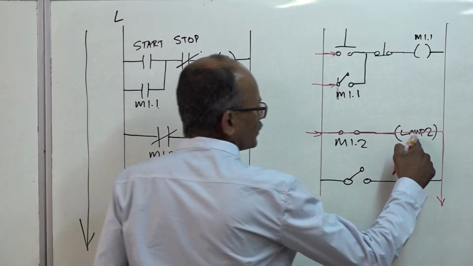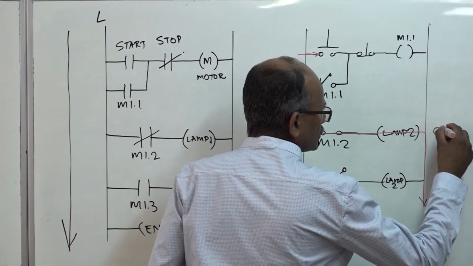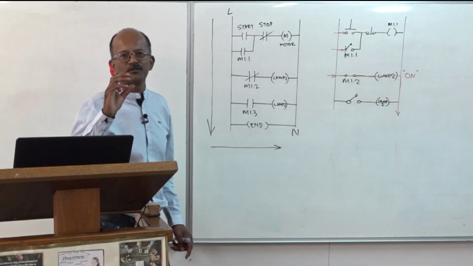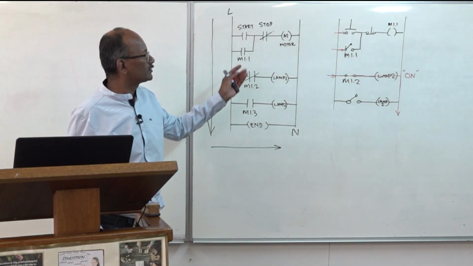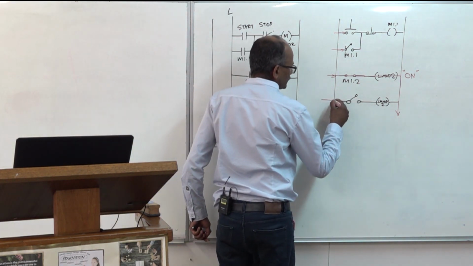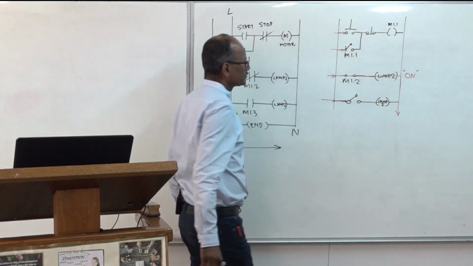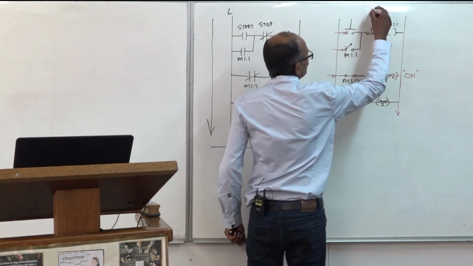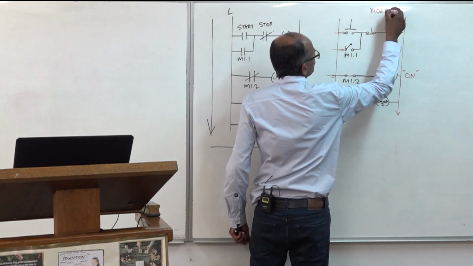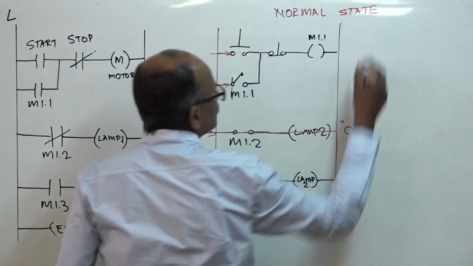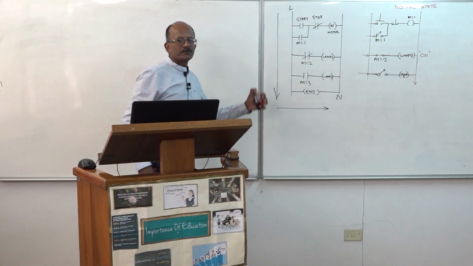So if I look at lamp 2, it's actually on. And remember, this is before I actually pressed any start or stop button. If I look at the fourth rung, current can only flow up to that point. Stop there because it's an open circuit. So in the normal state, that is what happens.